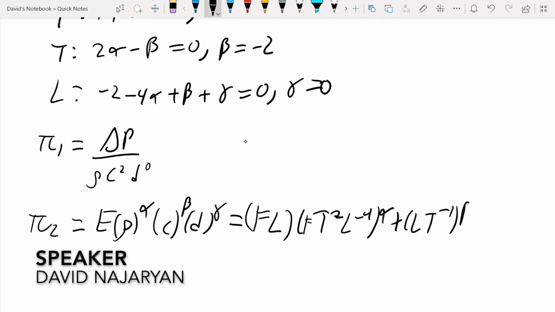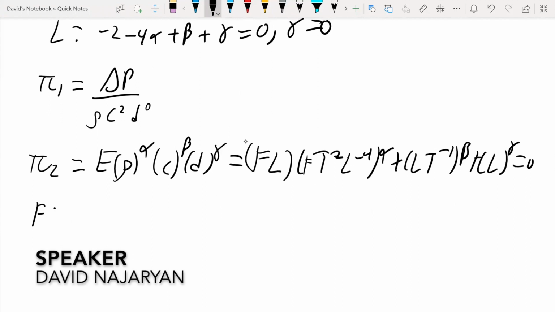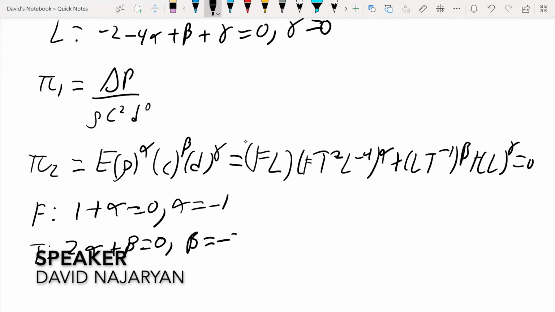For all the force terms, we have 1 plus alpha equals 0, so alpha equals -1. For the time, we have 2 alpha plus beta equals 0, so our beta equals -2.